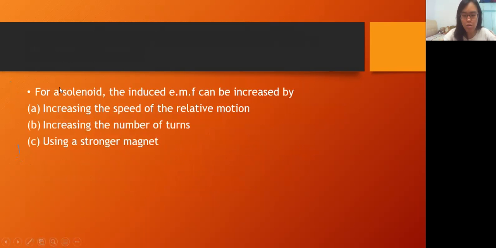Okay, so this is notes number 8, for the solenoid. The induced EMF can be increased by increasing the speed of the relative motion, which means you move the permanent magnet into the solenoid faster, or increase the number of turns, or use a stronger magnet.